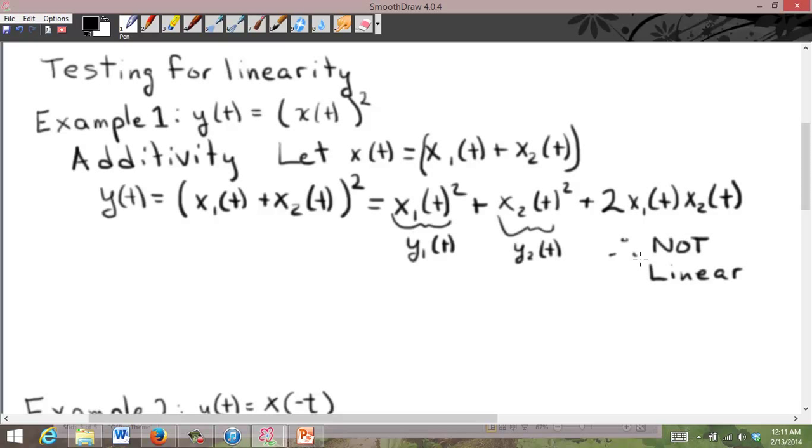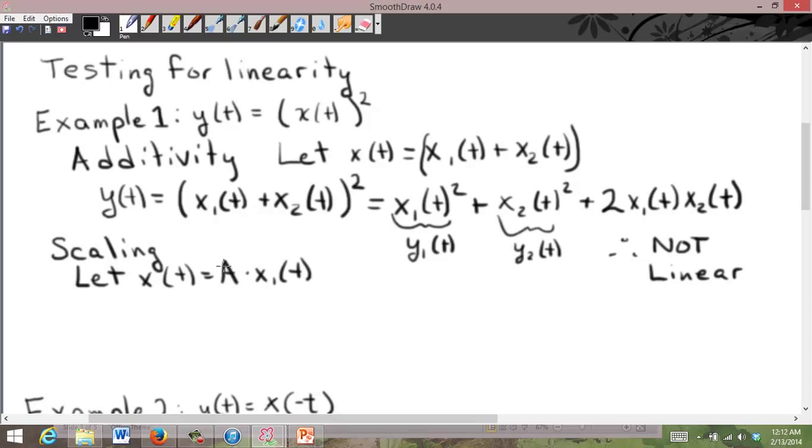Alright, now I could stop there, but just to show you that it works, you can also look at the scaling property. For that, you let x of t equal some constant a times x1 of t, and the goal is to show that y of t is equal to a times y1.